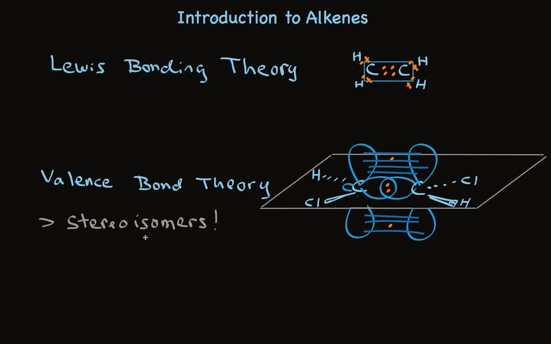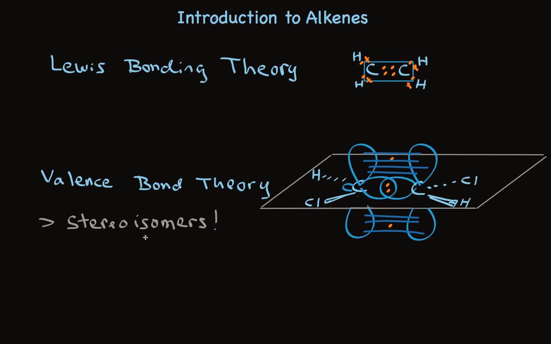The other thing that this pi bond dictates is its chemistry. Even the Lewis bonding theory structure suggests to us there's an extra electron density between the 2 carbon atoms. And when we look at the pi bond of the valence bond theory, we see very clearly the extra electron density is highly available. It sticks out away from the other atoms, above and below the plane.